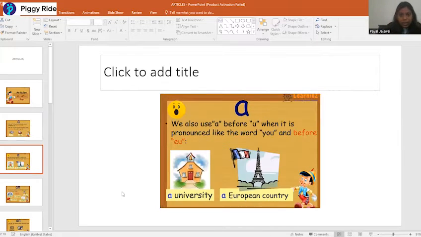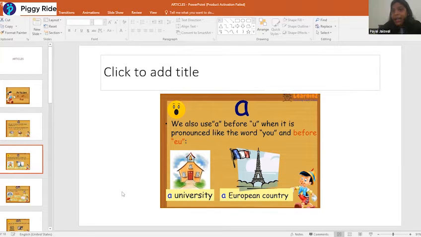Now, we also use a before words that are pronounced like the word you, y-o-u, and before e-u. So we are also going to use the article a when it is pronounced like you, like a university.